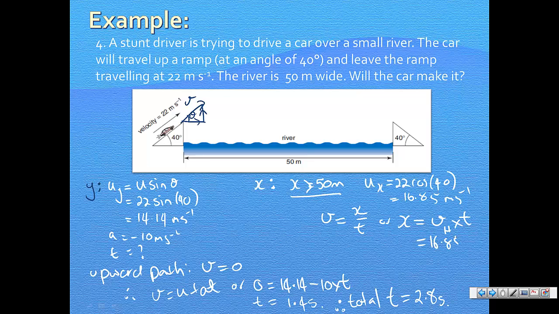Working that out, when we work that out, our final distance is equal to 47 metres.